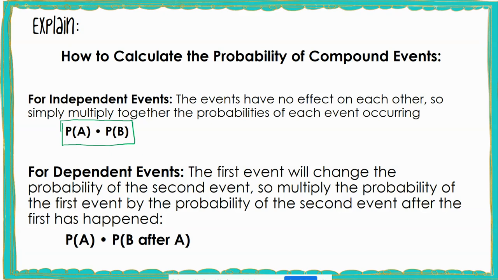It's still multiplying, but since the first event changed the outcomes for the second event, then you would multiply the probability of the first event times the probability of the second event after that first event happened. So let's look at what those mean.